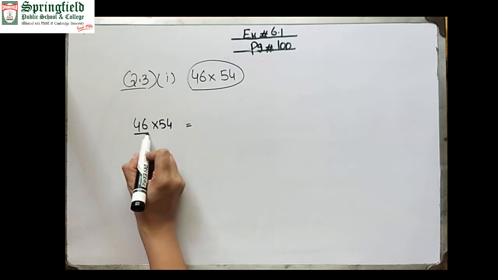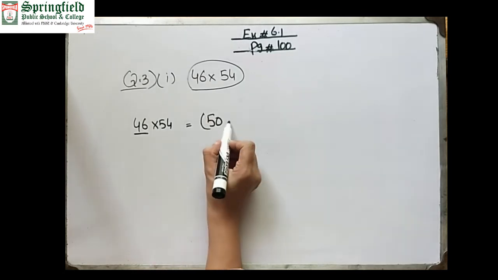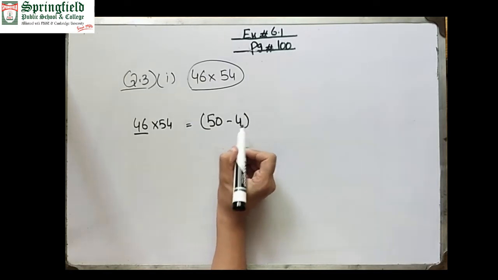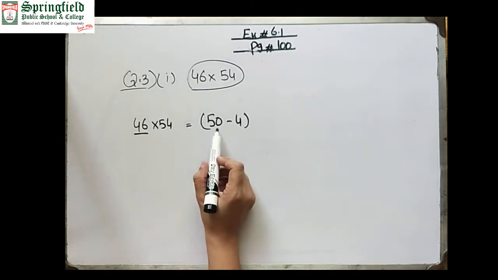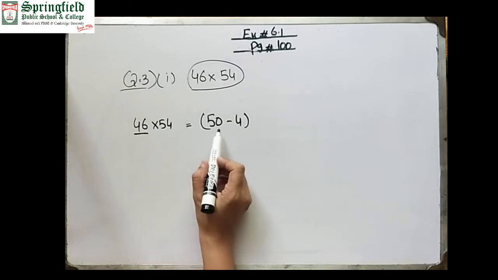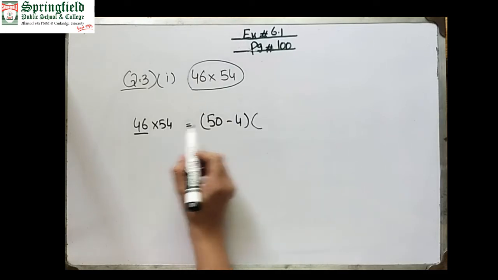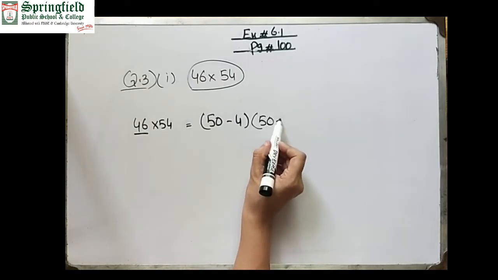So 46 can be written as 50 minus 4. When we subtract 4 from 50, 46 will be obtained. So 46 can be written as 50 minus 4 and then 54 can be written as 50 plus 4.